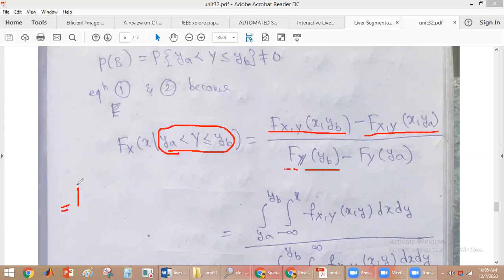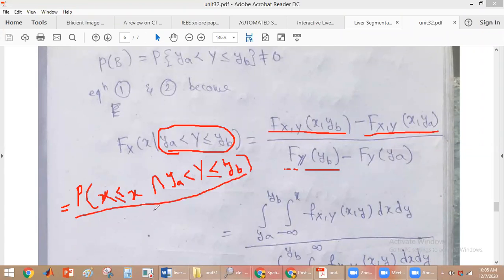We get the probability of X less than or equal to small x, intersection the probability of ya less than or equal to Y less than or equal to yb, in the numerator. In the denominator we get the probability of ya less than or equal to Y less than or equal to yb.